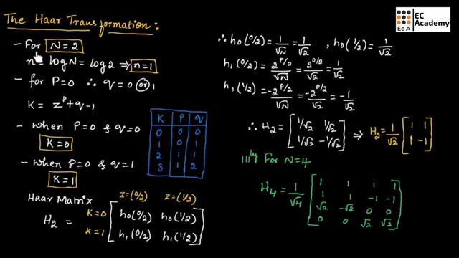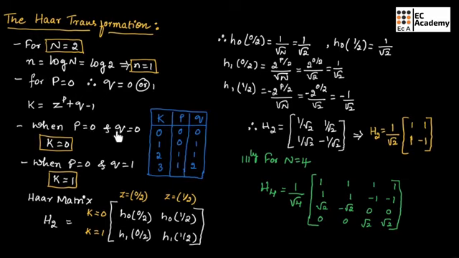Now for example, if we take N is equal to 2, we can find n is equal to log N, that is equal to log 2. We will get the value of n is equal to 1. For p is equal to 0, we will get q equal to 0 or 1. So we can find the value of k by using the equation 2 to the power of p plus q minus 1.